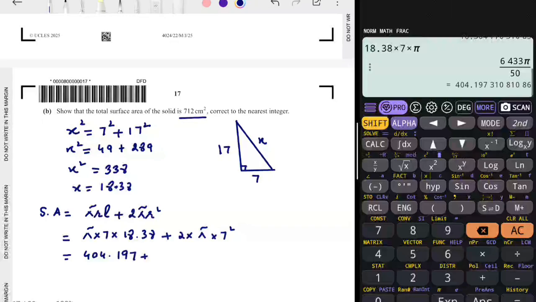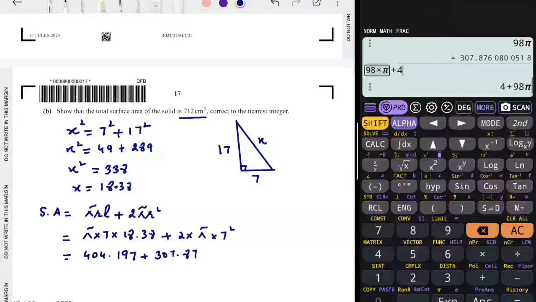Plus square of 7 is 49 times pi times 2. So this is 307.87. Add both values, plus 404.197.